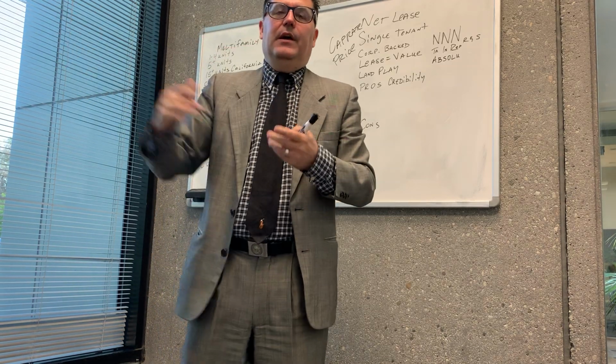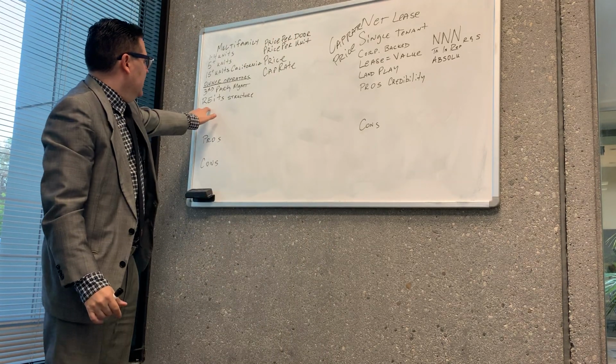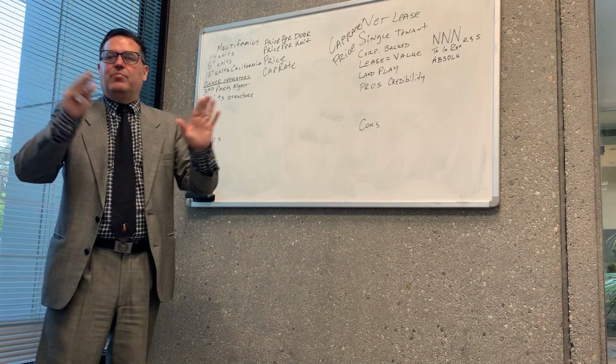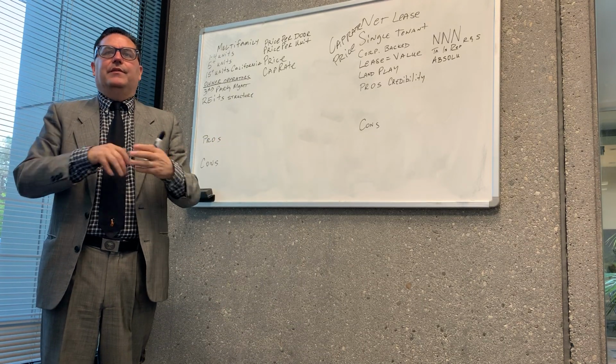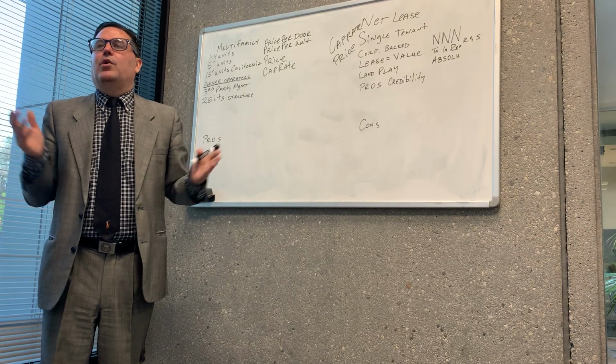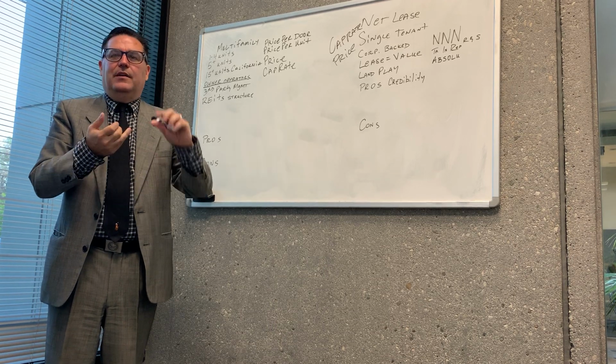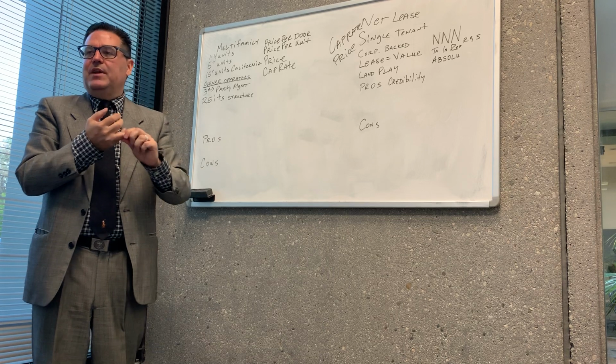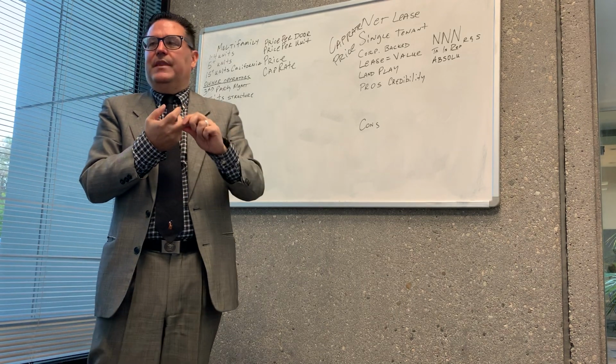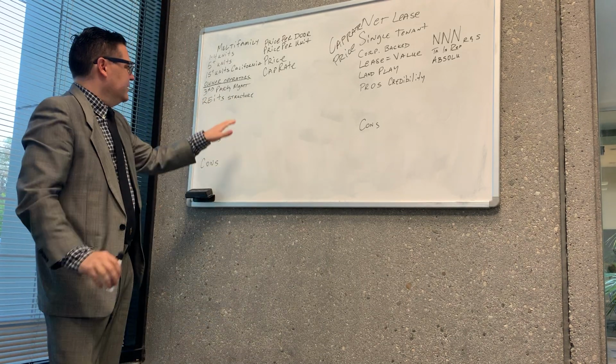So there's different income criteria, but REITs are huge, and they buy properties all over the country, and they don't even care about going to the property. If the property has the occupancy they want, if it's the class A, B, or C that they want, they'll buy it. There's different outlooks.